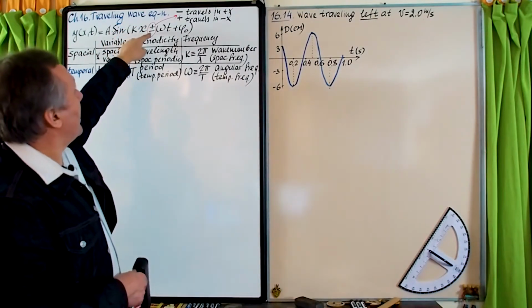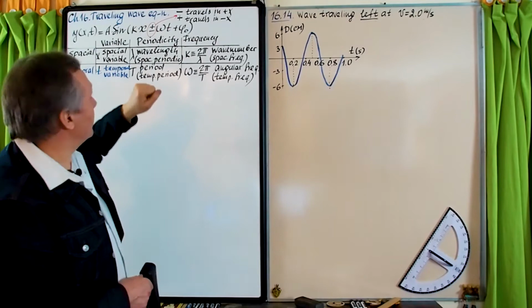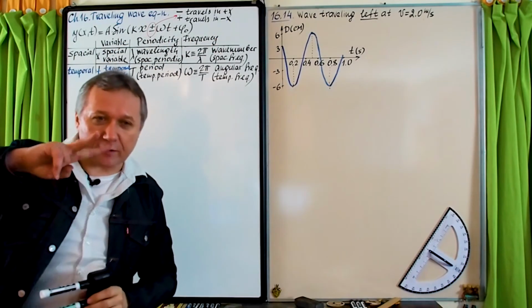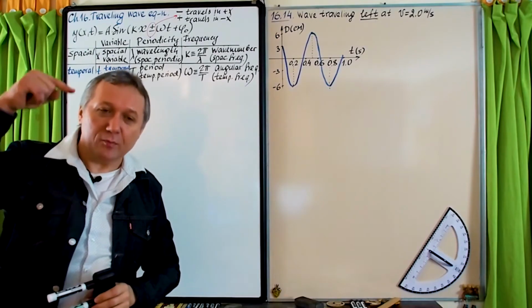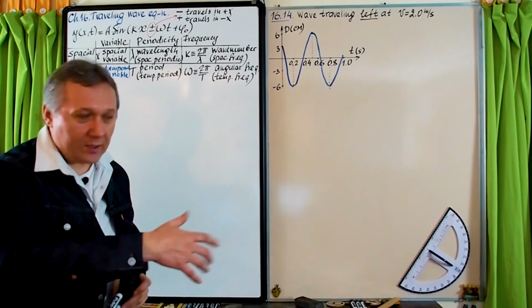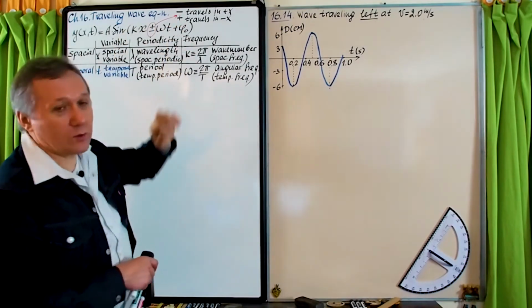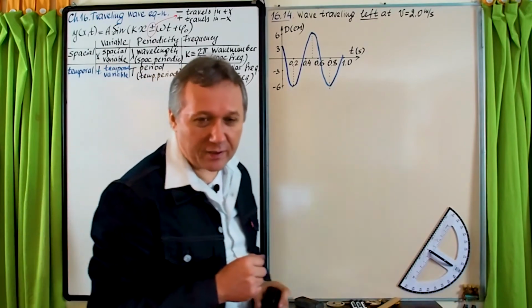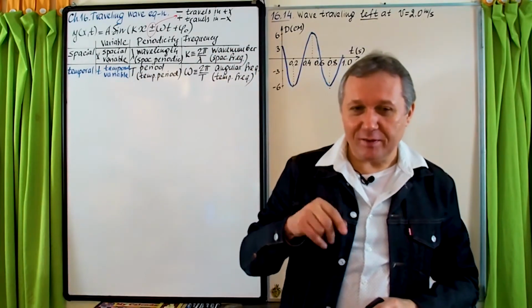Minus means that this wave propagates in the positive x direction. So you see kind of a flipping in sign. Minus means the wave propagates in the positive x direction, and if you have plus, it means the wave propagates in the negative x direction. So don't forget about this, sort of like a flip in the meaning.